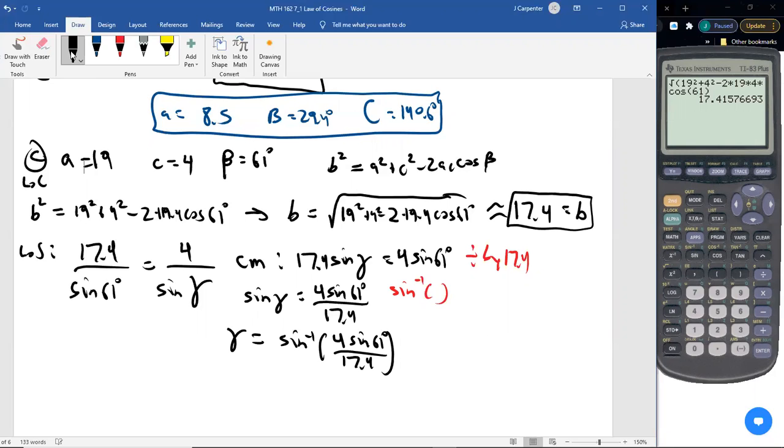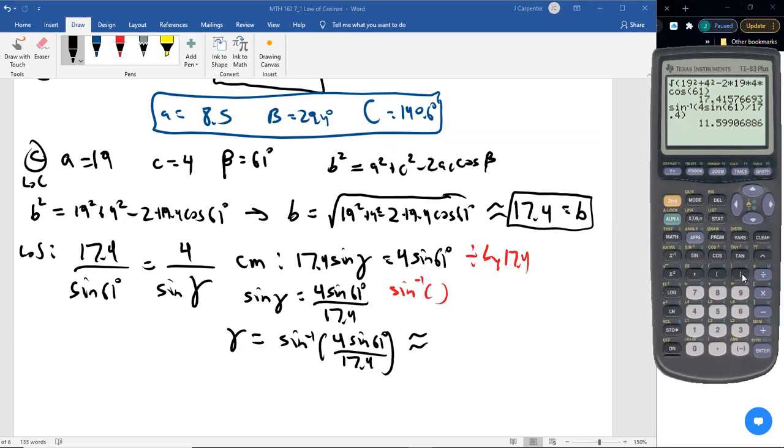And we know that gamma will be less than 90 because C is not the largest side. Round to the nearest tenth, or whole, or whatever the problem tells you to do. Inverse sine, 4 sine 61 degrees, close it, divided by 17.4, or the more exact value if you want a more exact answer, close it.